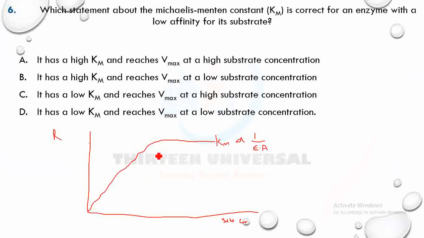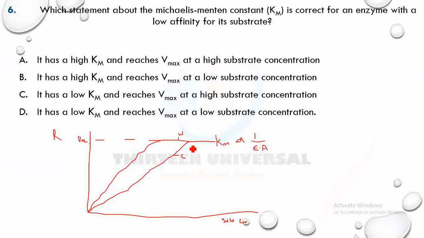The first graph is without inhibitor. The second graph is with competitive inhibitor. Remember that both of them reach Vmax. The Vmax is the same for both. This is the graph of competitive inhibition, and this graph is without inhibitor.